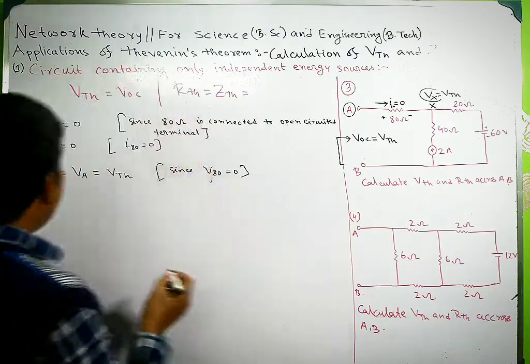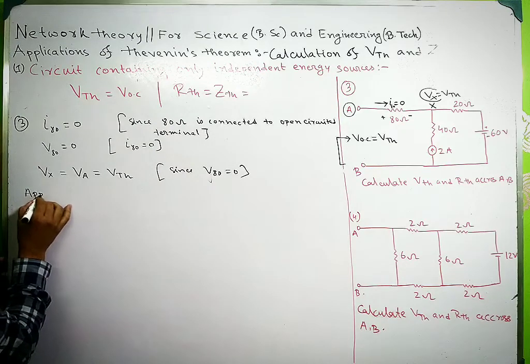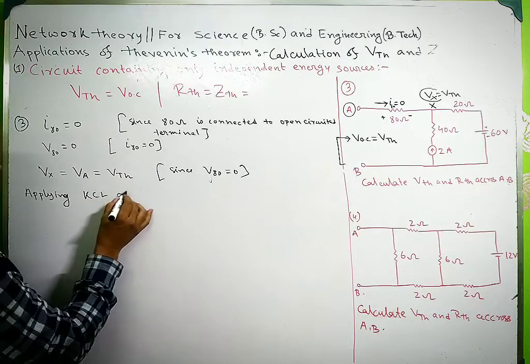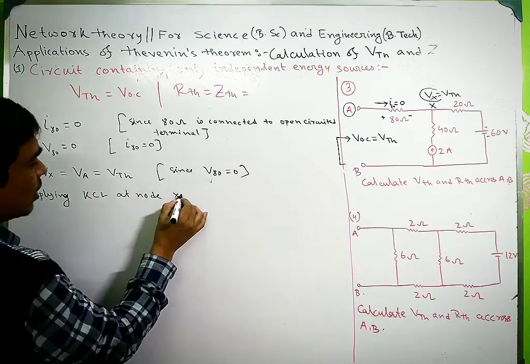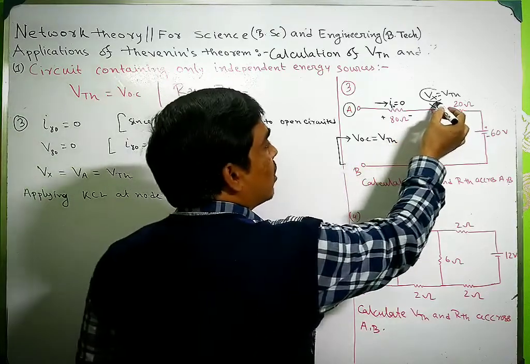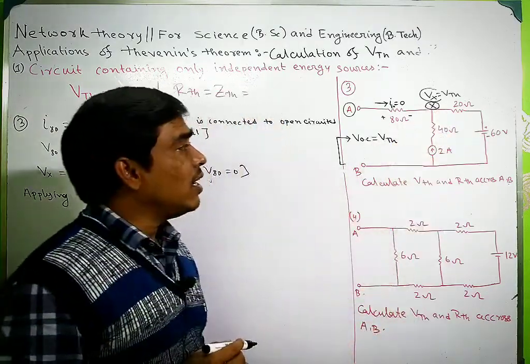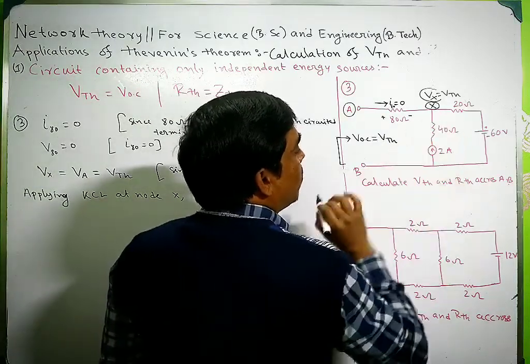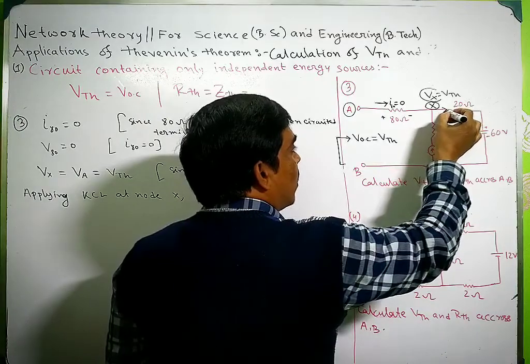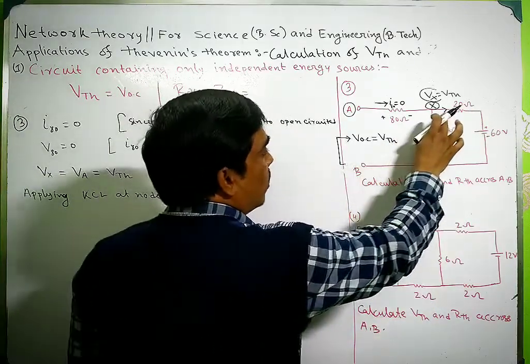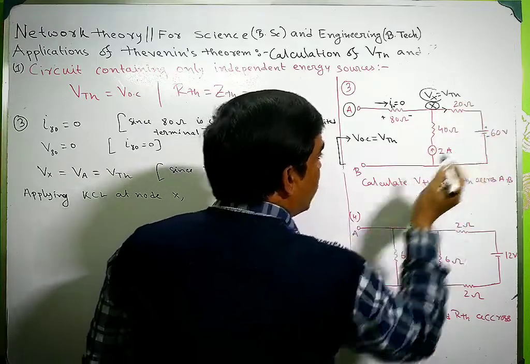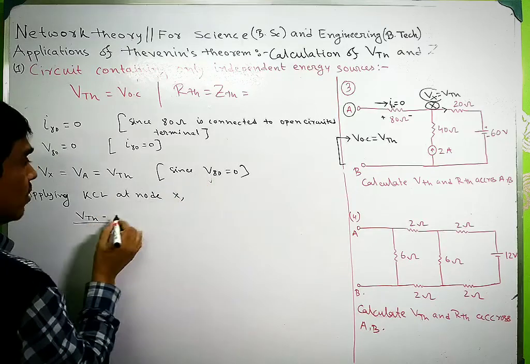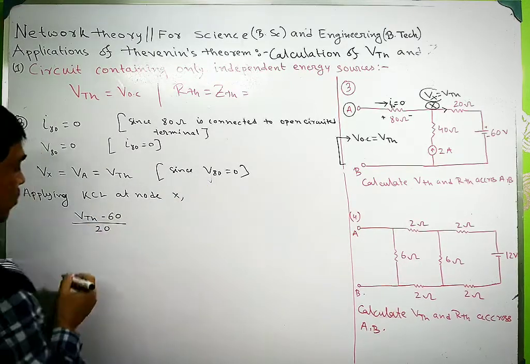Now applying KCL at node X, this is the node X. The current through this branch is along this direction. So the current through the 20 ohm resistance will be (VTH minus 60) divided by 20.